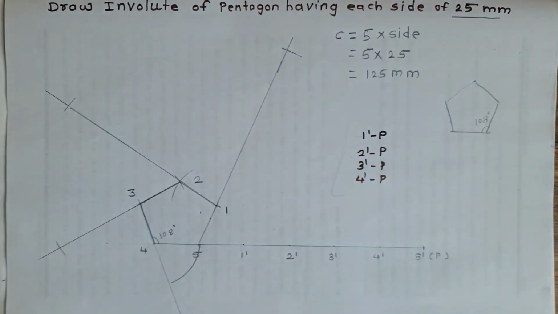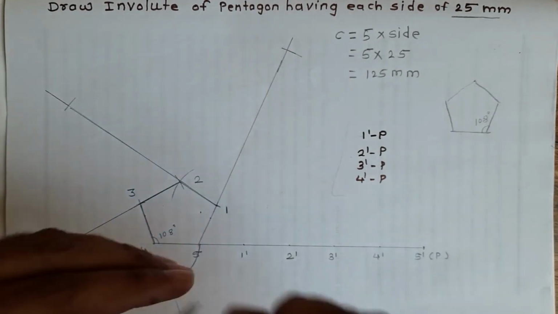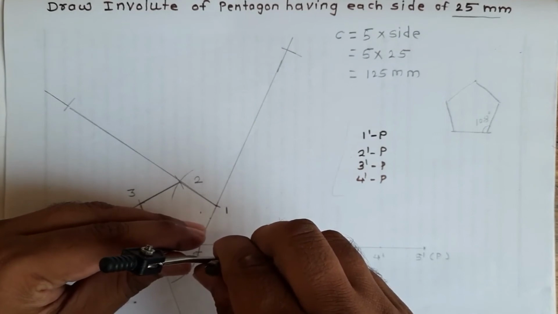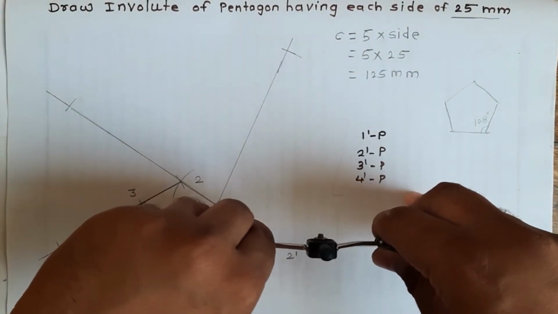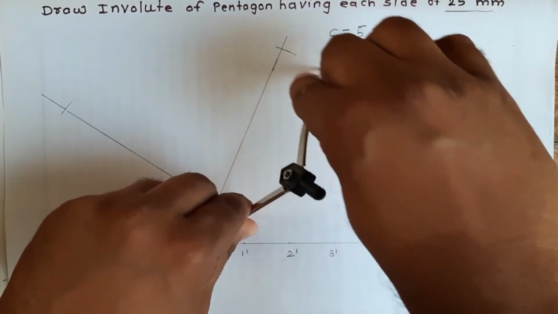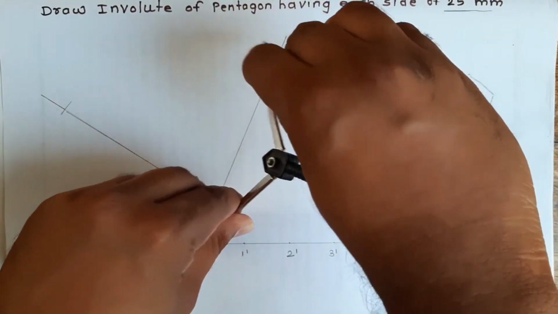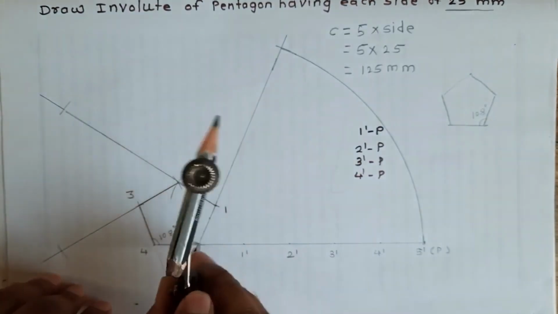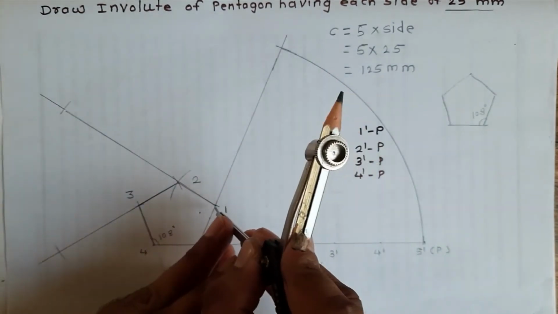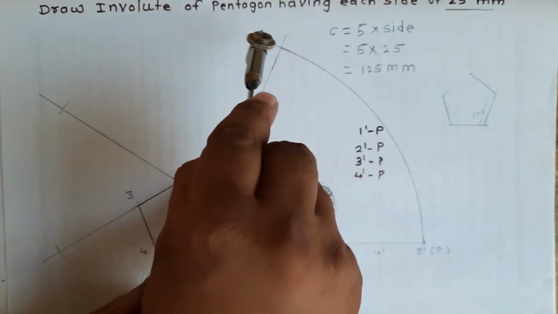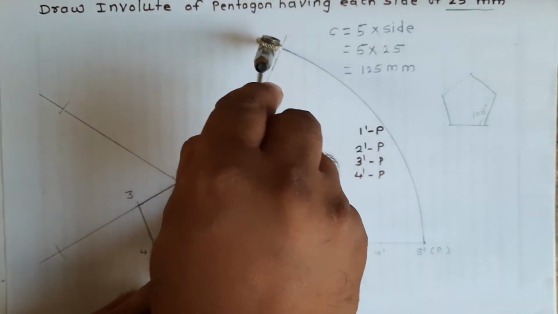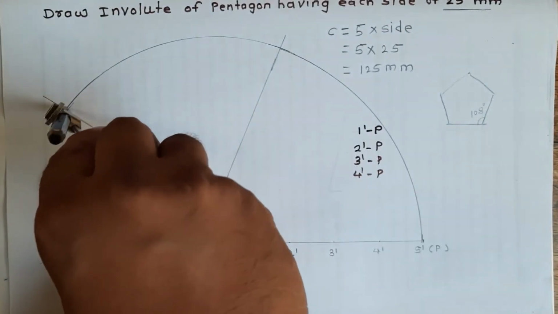Okay, as per procedure, I will take that distance, take 5 as the center and complete the involute. Here I have started the involute and completed it till the first tangent. Then second, I have to come to point number 1 and draw.